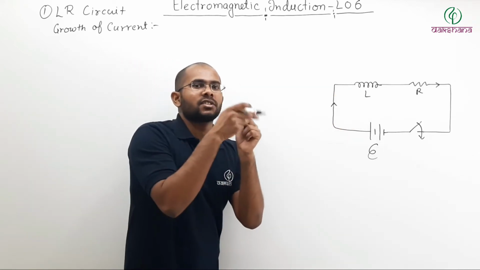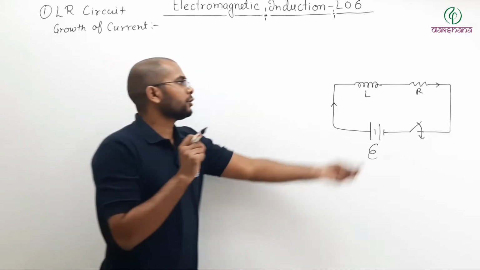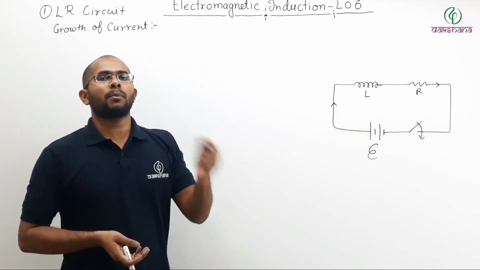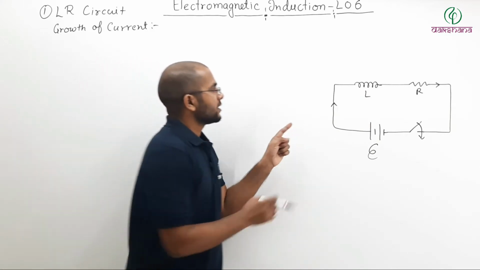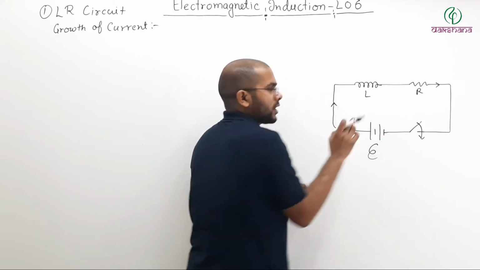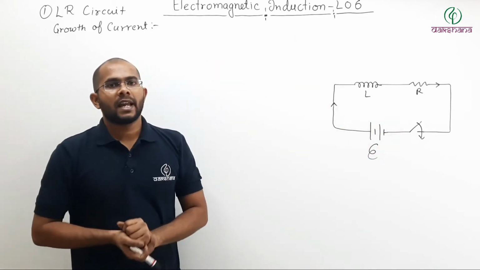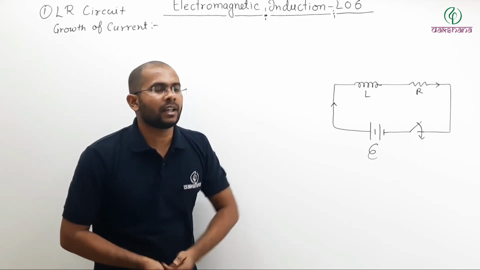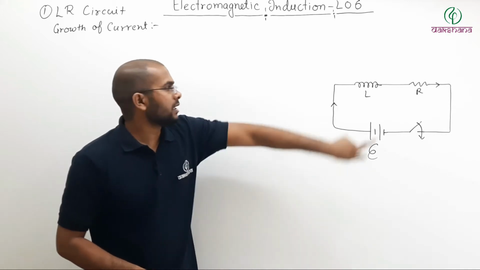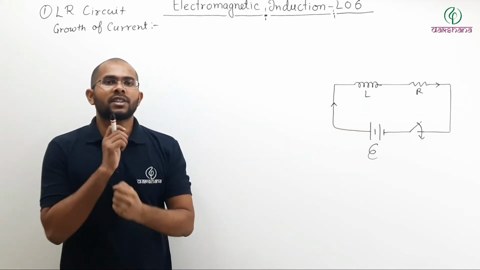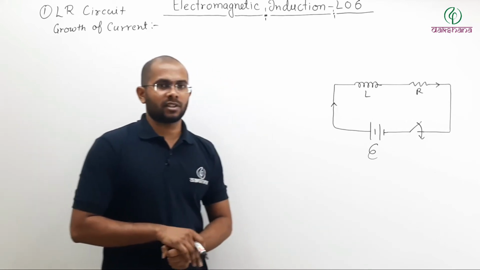According to Lenz's law, the inductor will try to oppose this change in current. Since the current is increasing, because initially it was 0, the self-induced EMF in the inductor will be such that it tries to oppose the change.